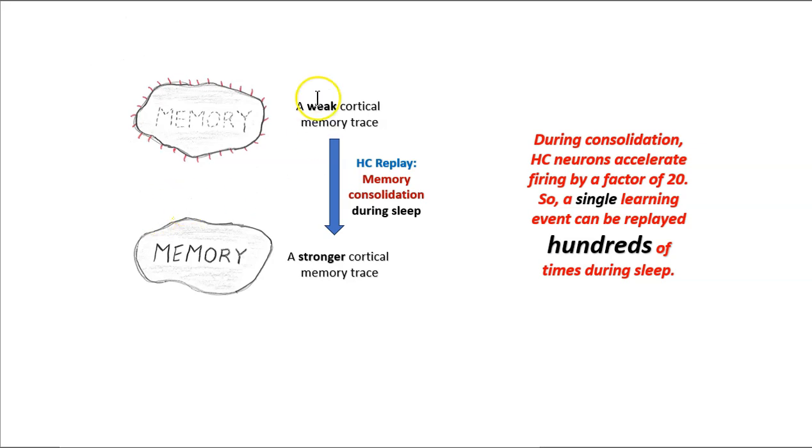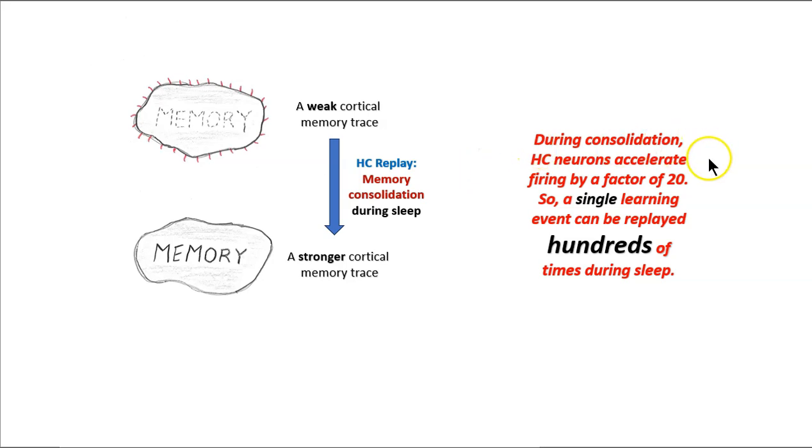So the idea then is, over here on the left, if we start off with a weak memory trace in the cortex, when we go to sleep and the hippocampal memory traces are fired up and send signals to the cortex to strengthen those memory traces, we get stronger cortical memory traces, and we're calling this process memory consolidation.